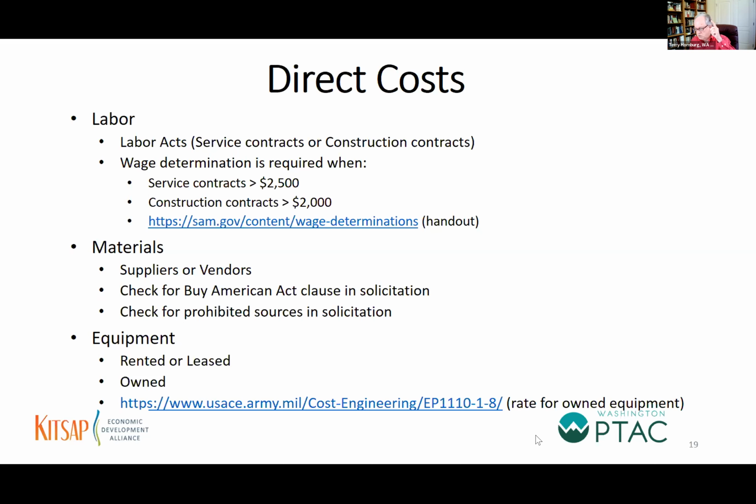You can look up the truck or the forklift or the excavator, whatnot, and see the life expectancy of it and what the price per day, per week, per month of company-owned equipment is, and put that in your price proposal. Even if you get challenged by the contracting officer during a negotiation for that rate, you can say, I got it from the Army Corps of Engineers manual, and that is a fair and reasonable price, and the contracting officer is going to accept it.